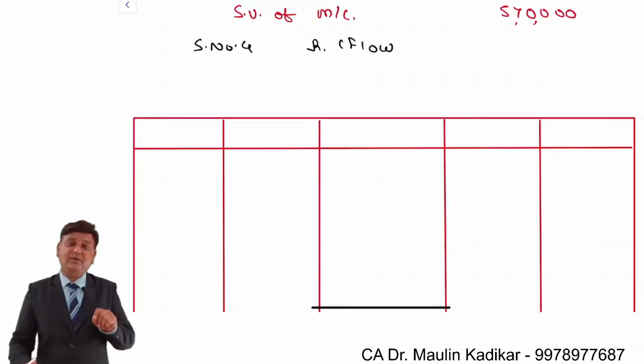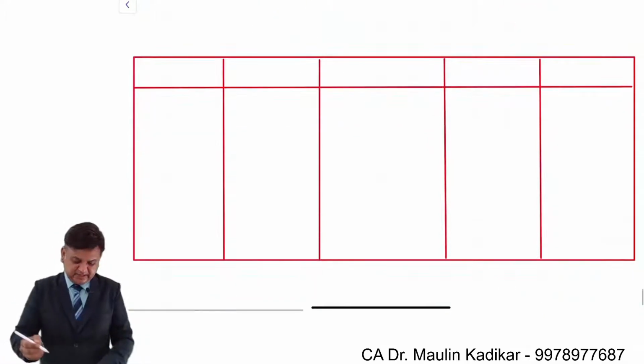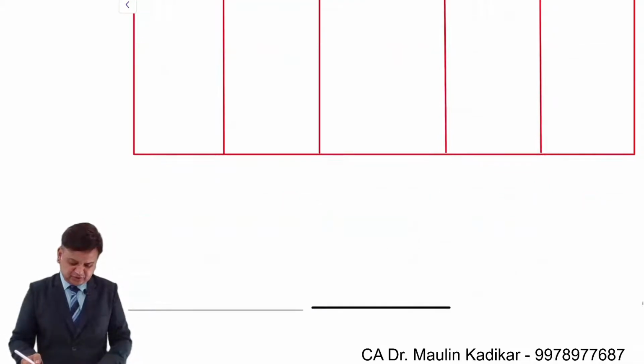The question provides information only for the differential values. So we have no choice but to adopt the incremental approach for calculating the cash flows and, at the same time, for calculating the NPV. This is an important point of the question. Let us see how to calculate the answer.